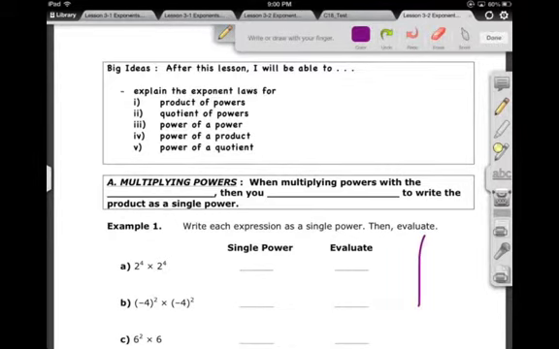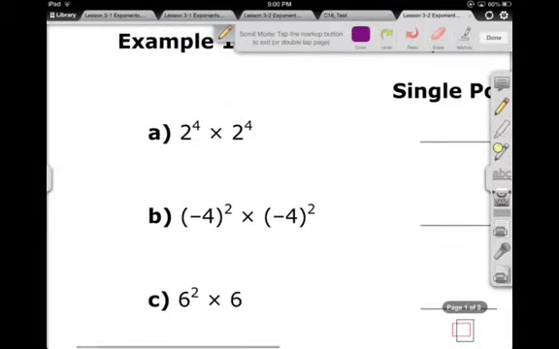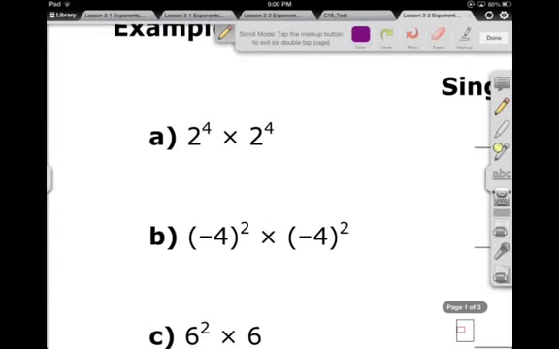Multiplying powers. When we look at something like 2 to the fourth times 2 to the fourth, this means essentially you've got the same base, the base is 2 and the power is 4, but you're multiplying this times itself. Let's write that in full.